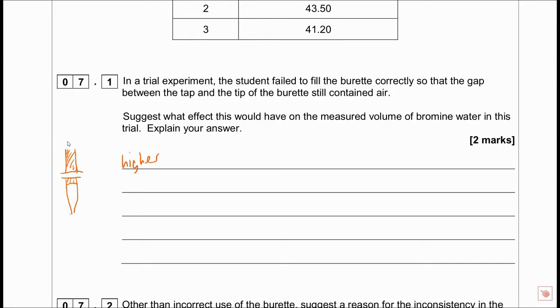So if we go right up to the top, and this is the meniscus, this is measuring 41, dead on. Actually this may account for 0.4. So actually in reality the bromine there is 36.4.